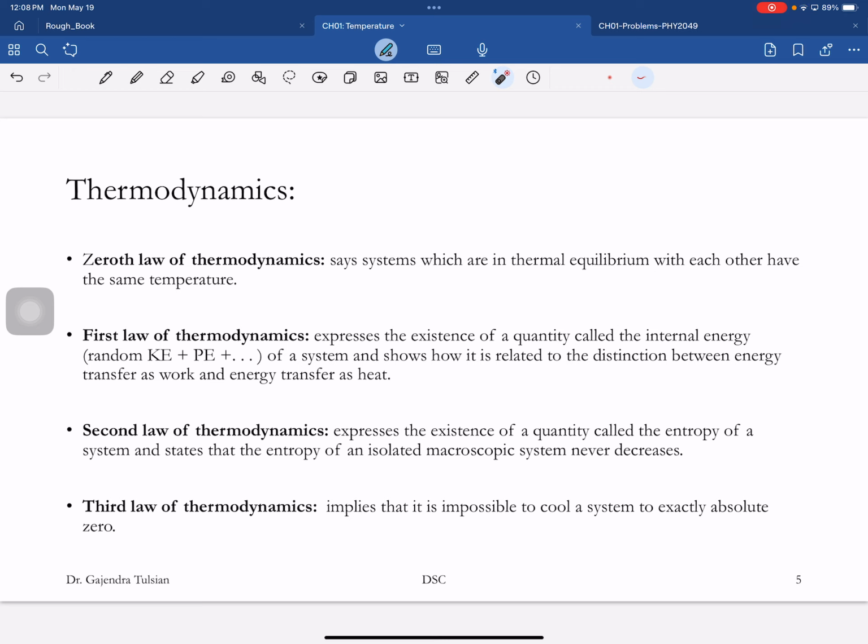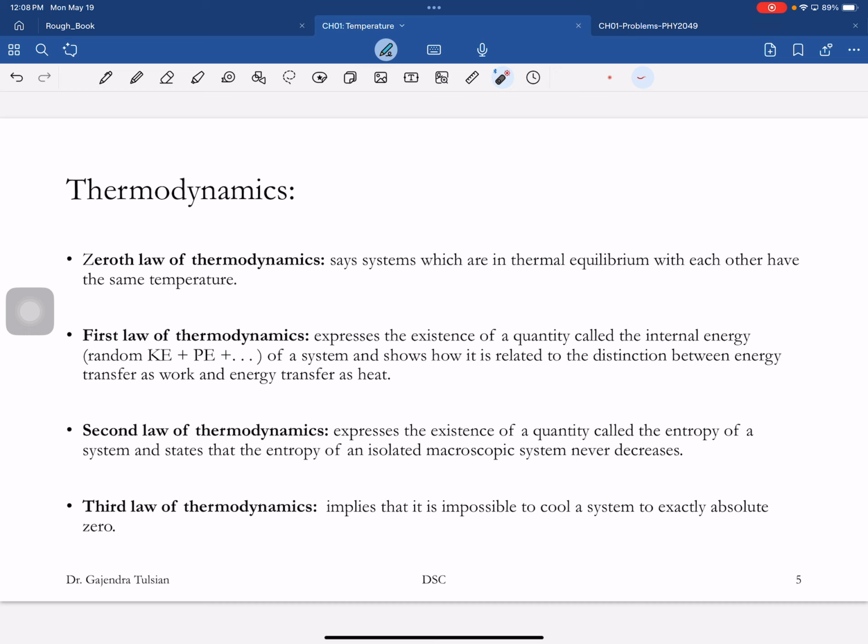Where did that energy come from? Applying work. So when I did work on him, work is a mechanism of transferring energy from one object to another. So I transferred energy from me to him.